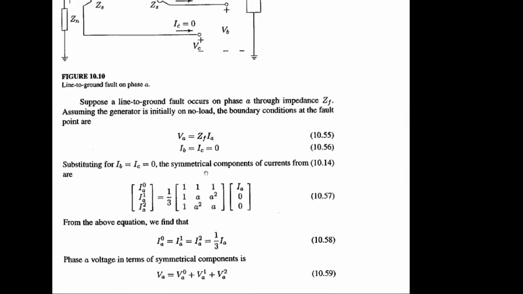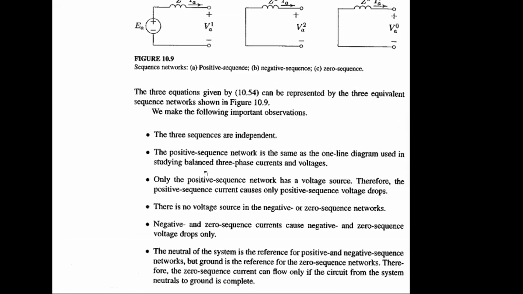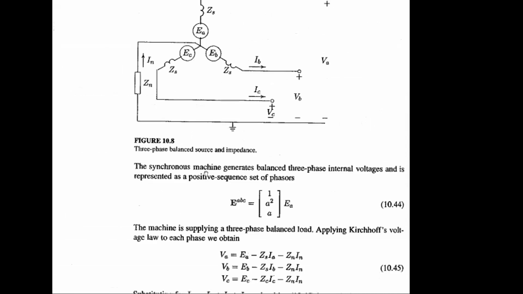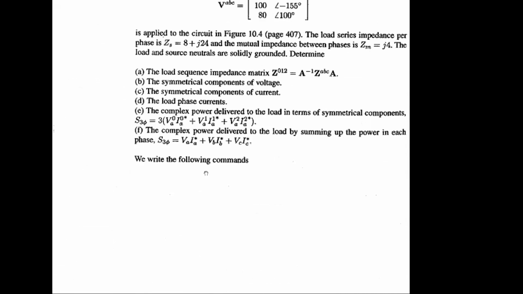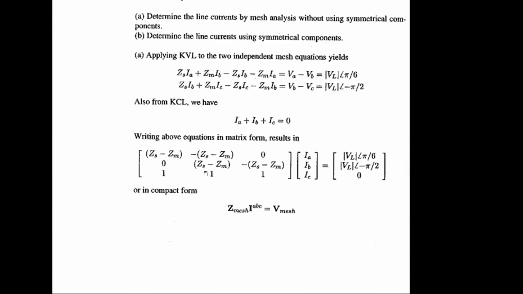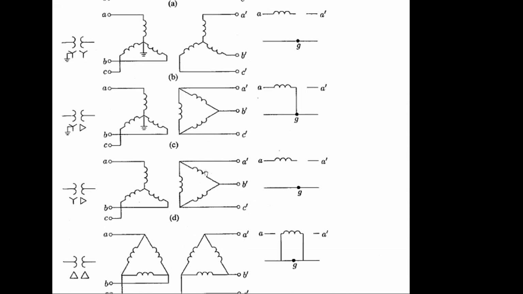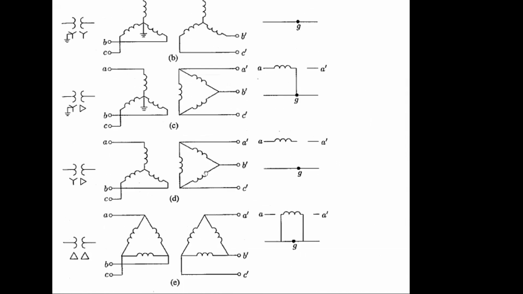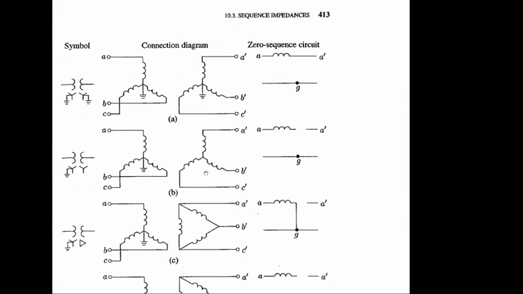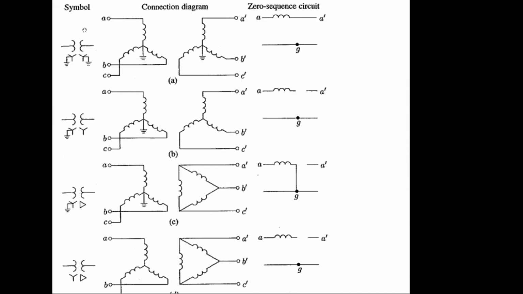And for that transformer configuration, the equivalent circuit for the zero sequence circuit. Here, these are the different transformer configurations. The first possibility, the transformer may have Y configuration, right?